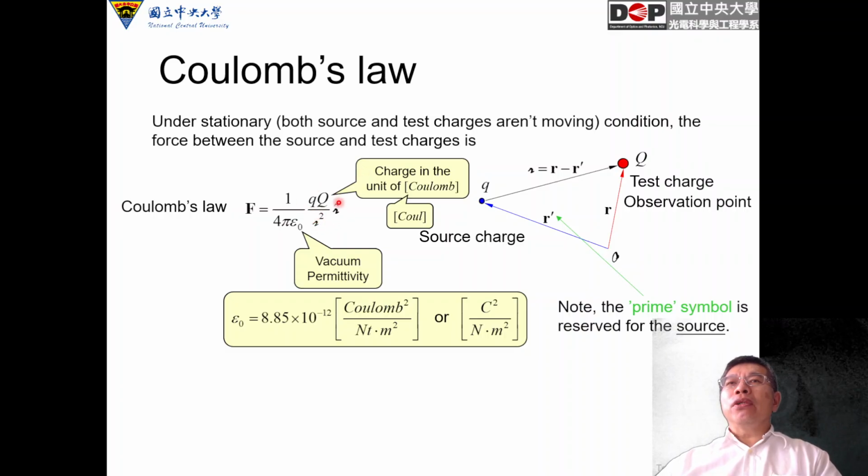It is proportional to the product of the source charge and the test charge, and is inversely proportional to the square of the distance between these two charges. That's the idea. It's very similar to gravitation, where there is a gravitational constant and the masses; it is exactly the same thing.